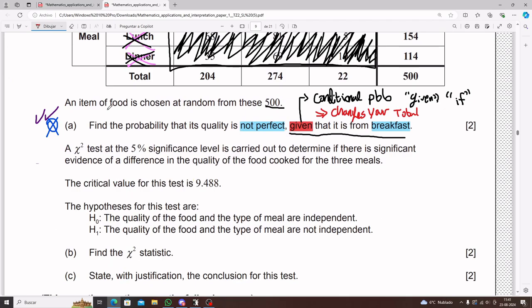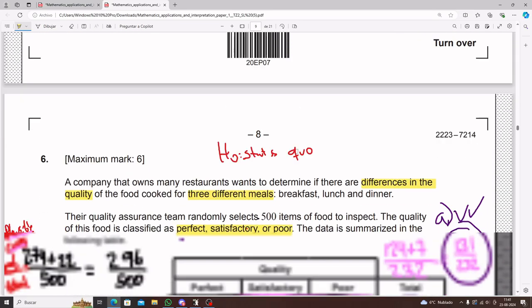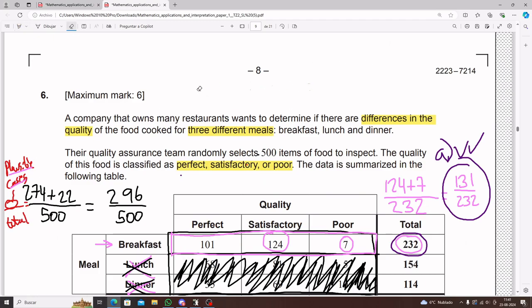All right, and now for the next part, it gets a little bit more juicy. So on the one hand, they tell us that a chi-squared test, see, this fancy x with the squared is just a chi-squared. Okay, don't get lost in the sauce with that. So a chi-squared test at the 5% significance level is carried out to determine if there's significant evidence of a difference in the quality of the food cooked for the 3 meals, which is exactly what the company was trying to find out earlier, right?